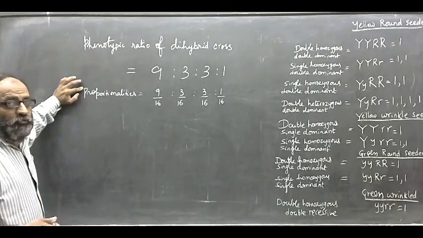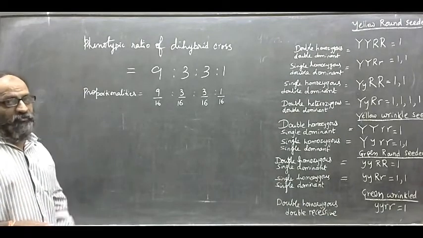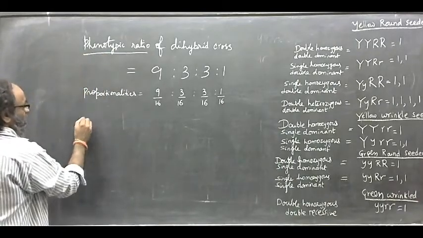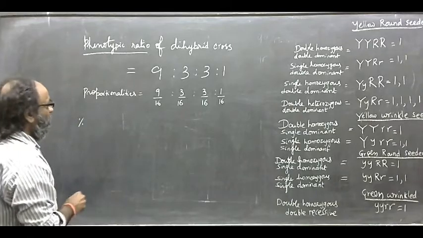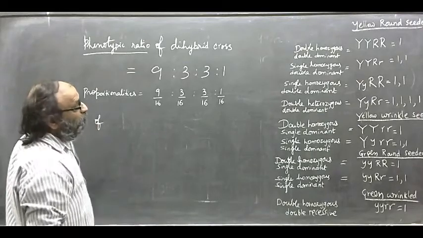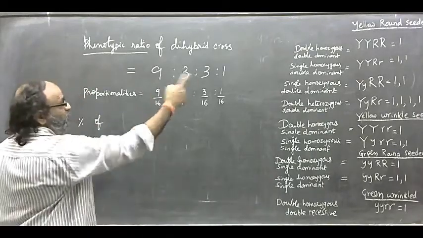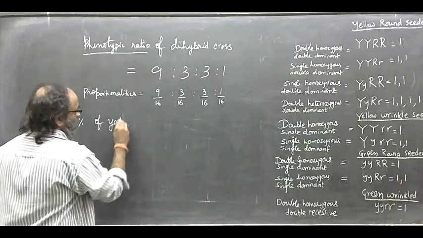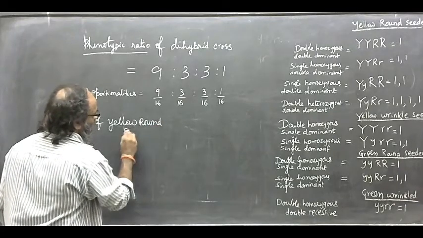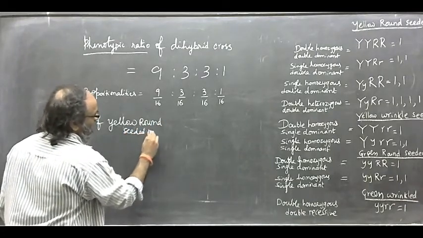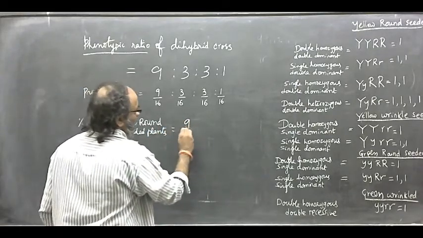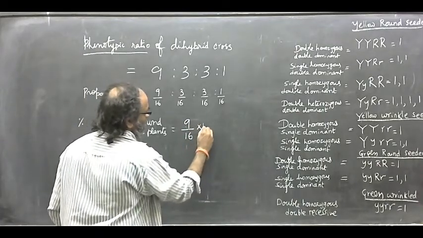If you want to calculate the percentage of yellow round seeded plants of F2 generation, it is 9 by 16 into 100.